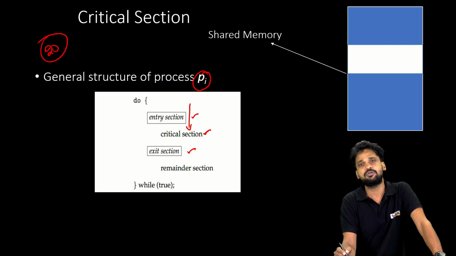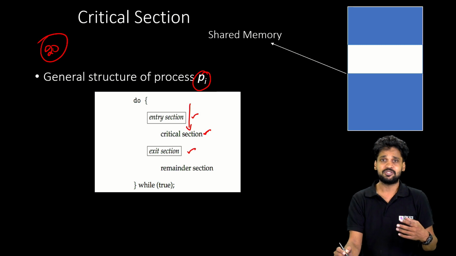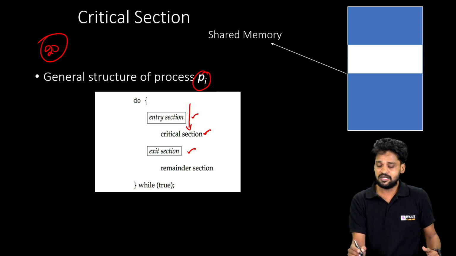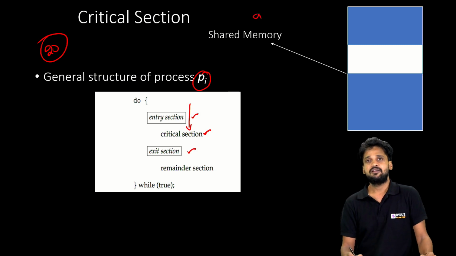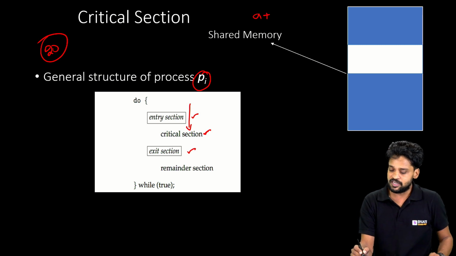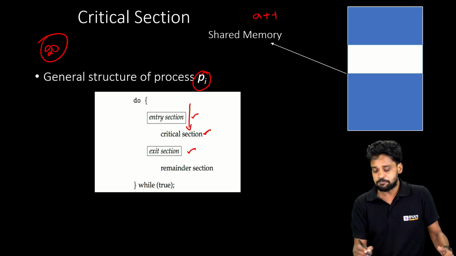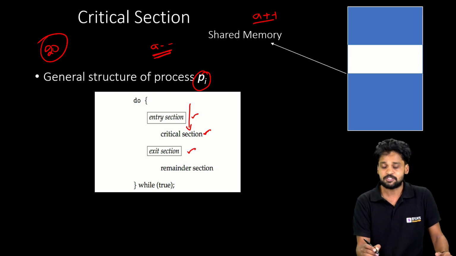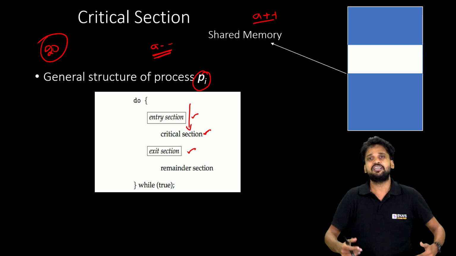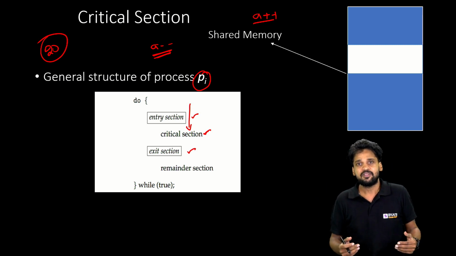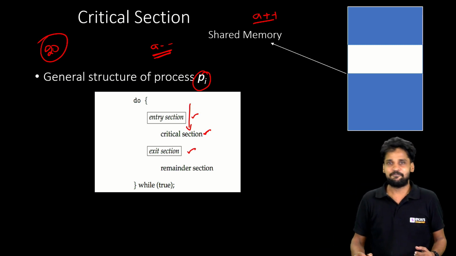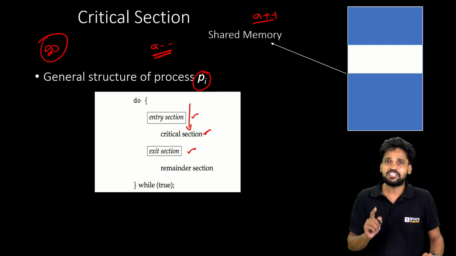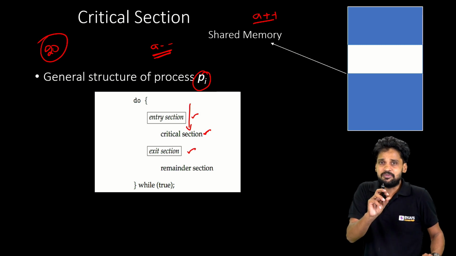And this shared memory should only be accessed by one process, because let us take a variable A, a shared variable. Let us say process A is performing A++ and process B is performing A--. When both are performing A++ and A-- continuously, simultaneously, there will be an inconsistent update. So only one process is allowed to use the shared memory.